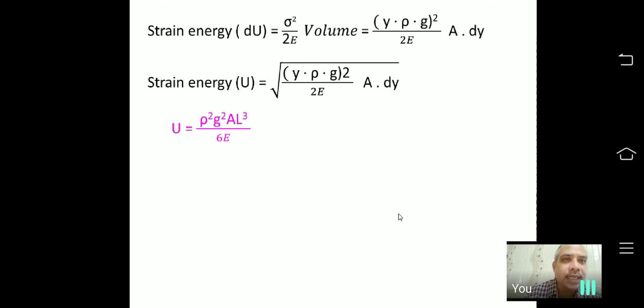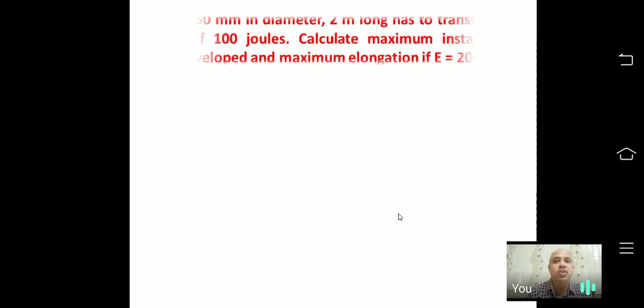Actually that is not root, that is integration from 0 to L. Y square dy becomes Y cube upon 3, which from 0 to L becomes L cube by 3, and with the 2 already there, I get rho square G square A L cube upon 6E. This will be the strain energy stored in the member due to self weight.